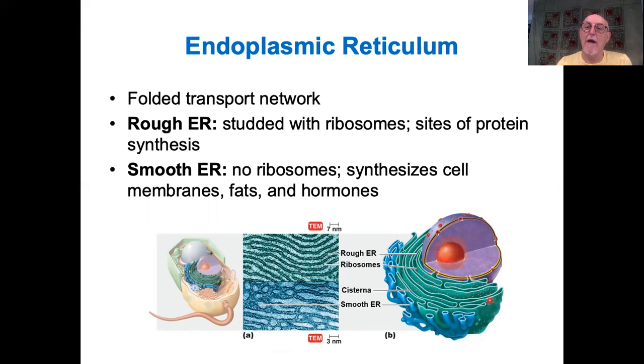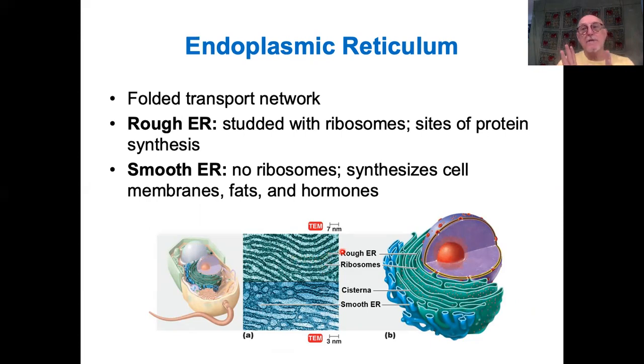I'll describe why in a second, but just accept for the moment. When you look at the rough ER under electron microscopy, the outside, if you can just make out here, looks like sandpaper on the outside. There are so many ribosomes stuck to it. That's why it's called rough endoplasmic reticulum.